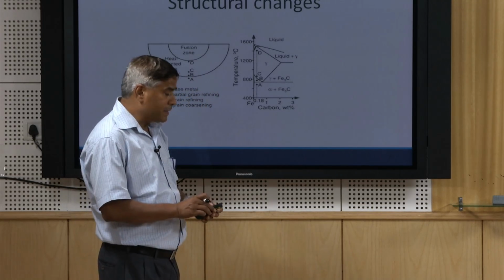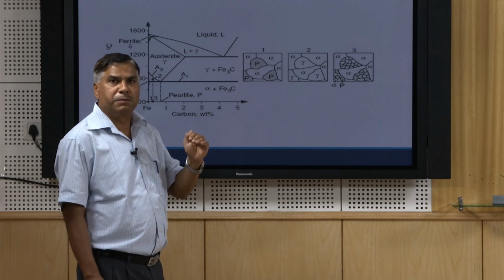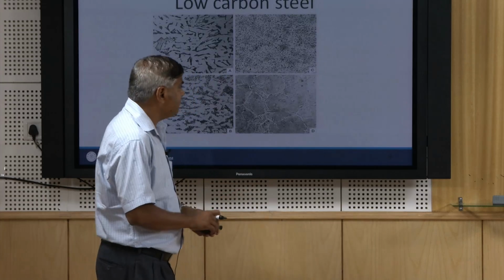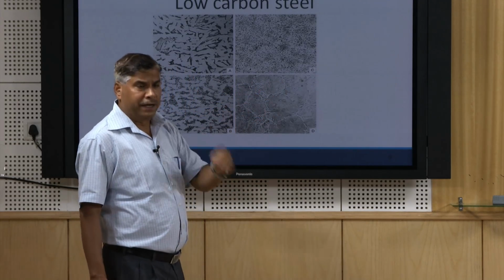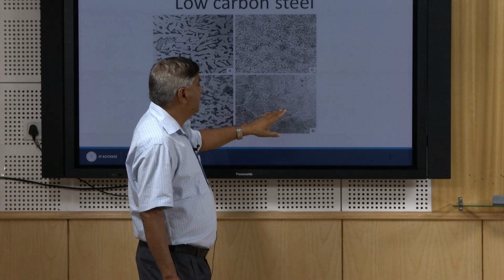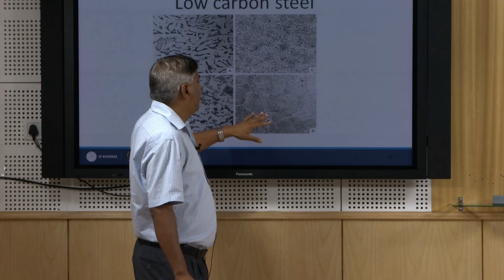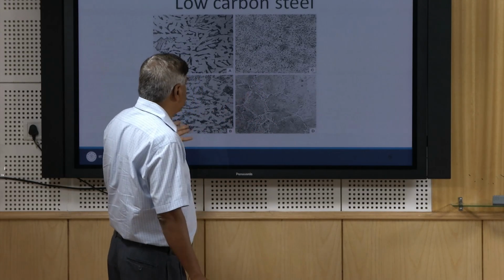That is why it experiences very coarse grain coarsening. It results in the formation of very coarse austenite, and coarse austenite during the subsequent cooling promotes the martensitic transformation. So the coarse grains we can see correspond to the coarse austenite, and subsequent cooling results in the martensitic transformation. This is a very low carbon steel system.